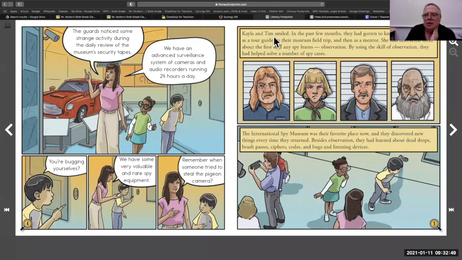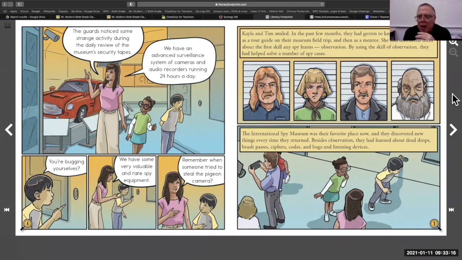Kayla and Tim smiled. In the past few months, they had gotten to know Ms. Keel, first as a tour guide on their museum field trip, and then as a mentor. She had instructed them about the first skill any spy learns, observation. By using the skill of observation, they had helped solve a number of spy cases.